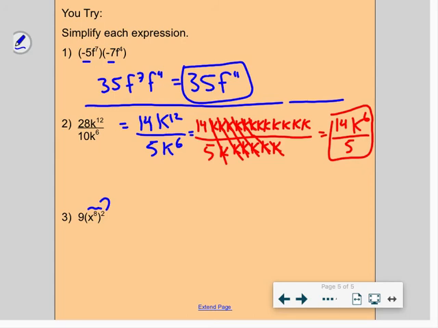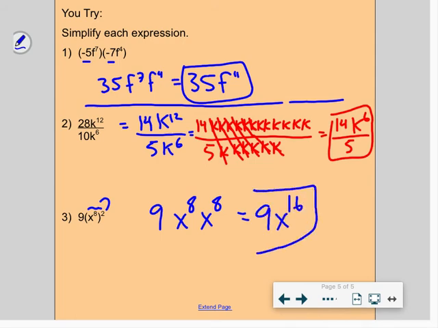That 2 only applies to what's inside the parentheses. So you've got 9, and then you've got x to the 8th, x to the 8th. Once you have that written down, you have 8 x's being multiplied, 8 x's being multiplied. You have 9x to the 16th, and you are done.